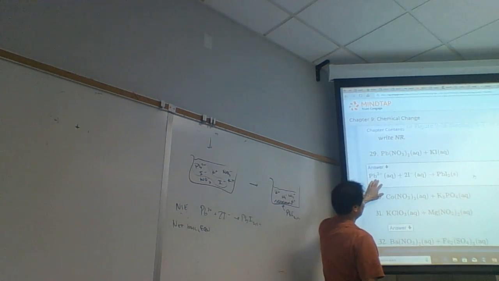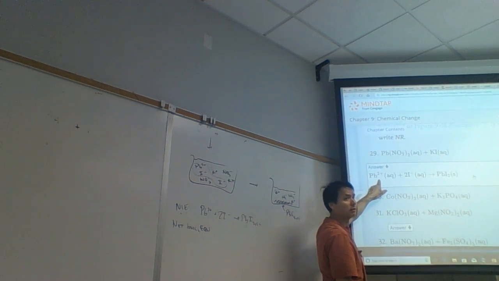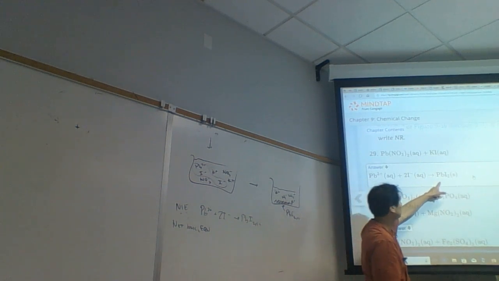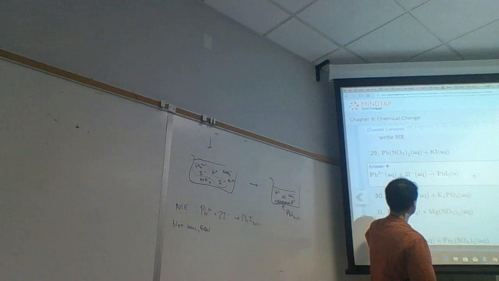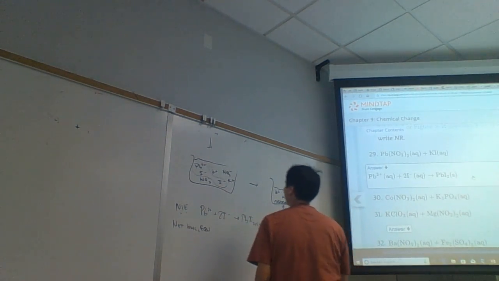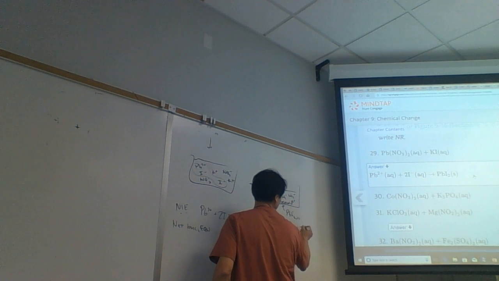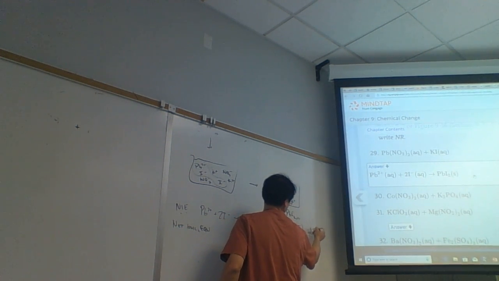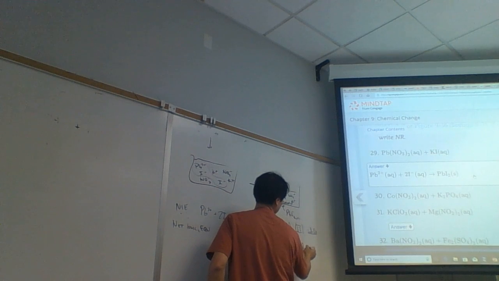This is called lead 2 iodide. Tell me how I should spell it. Should I spell it like this, lead space 2 iodide? No, there's no space. It should just be lead, Roman numeral 2, all one word, iodide. So it's 2 words.